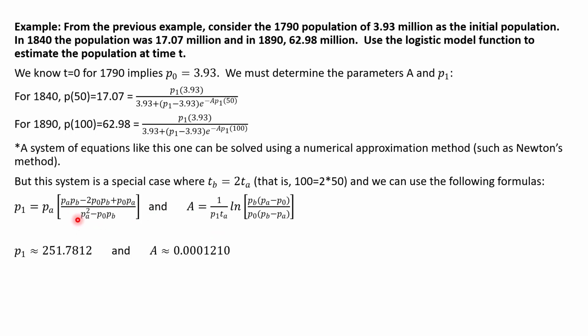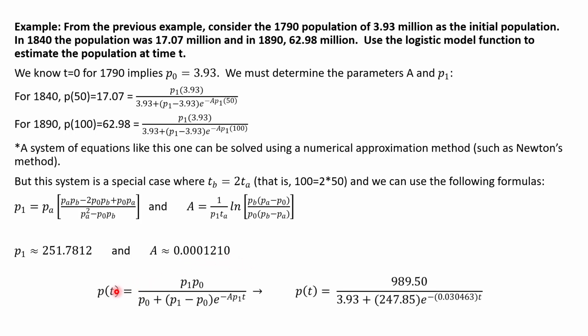And so if you plug in all your numbers that we know into these two formulas, you get P sub 1 is about 251.7812. A, plugging in all your numbers here, you get 0.0001210. So putting that all together into your logistic model function here, you have that the population at a given time is calculated using this equation.